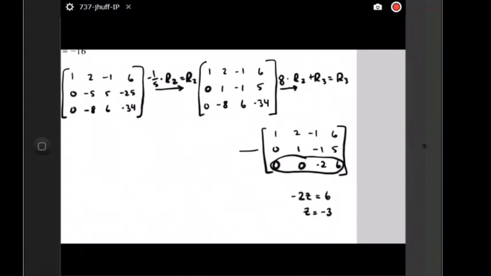And then we can take this middle row, which represents the equation y minus z equals 5. And if we substitute the negative 3 for z, we get y equals 2.